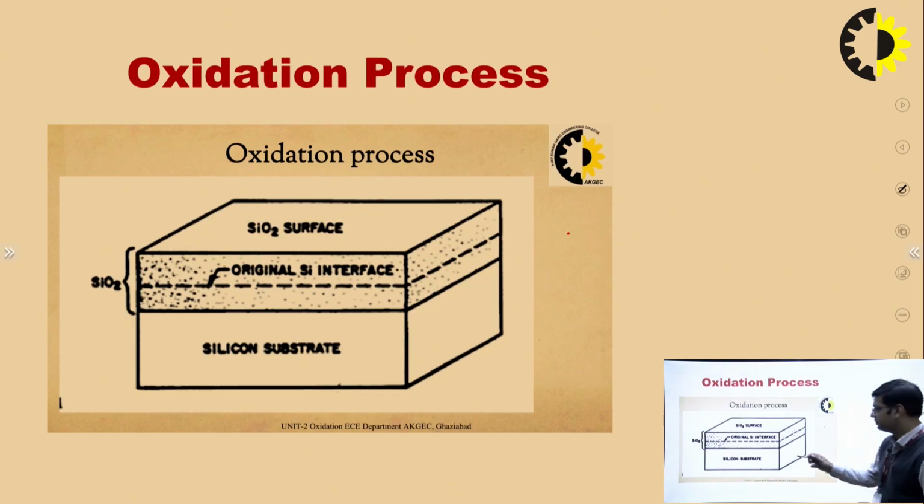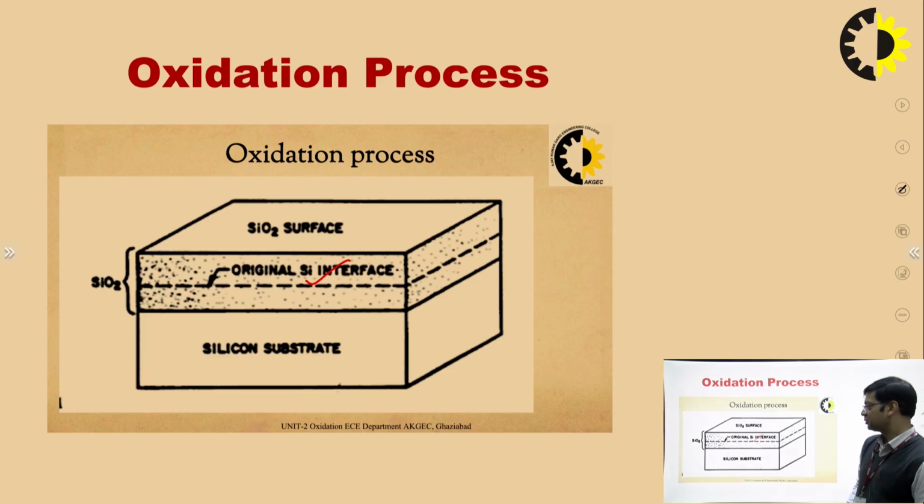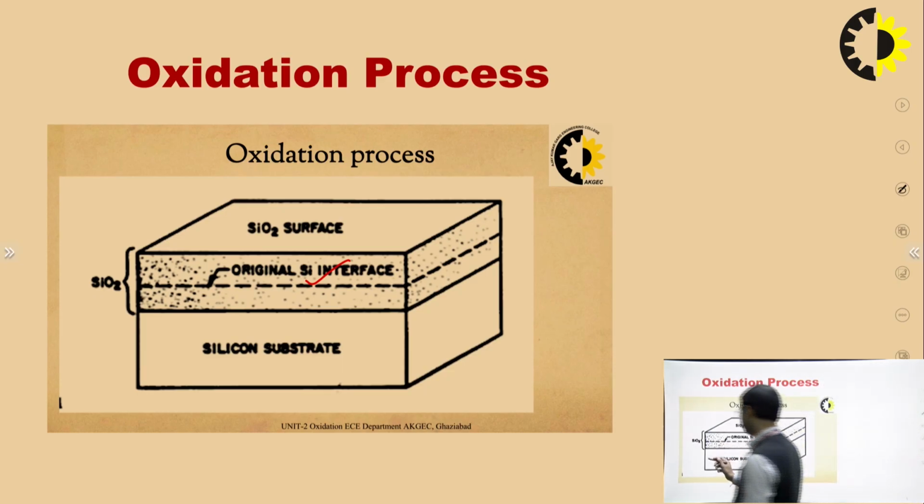Here in this figure it is more clear, the original silicon interface has been shown as a dotted line, and when oxidation takes place, the SiO2 layer is formed below the interface as well as above the silicon surface. So, that is the thickness of the SiO2 layer.